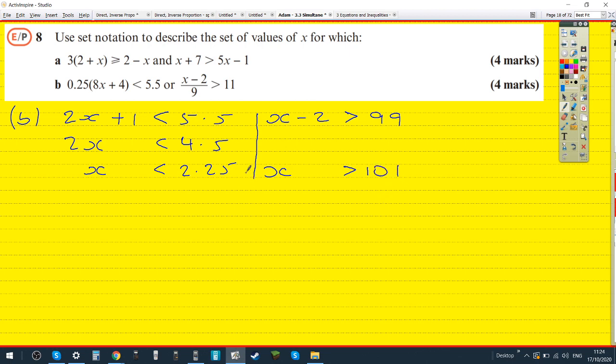Yes. And that's an OR type, so it's just OR between them. Set notation, I believe, would be curly bracket x such that, and then this answer: x is less than 2.25. The other one was x is greater than 101.